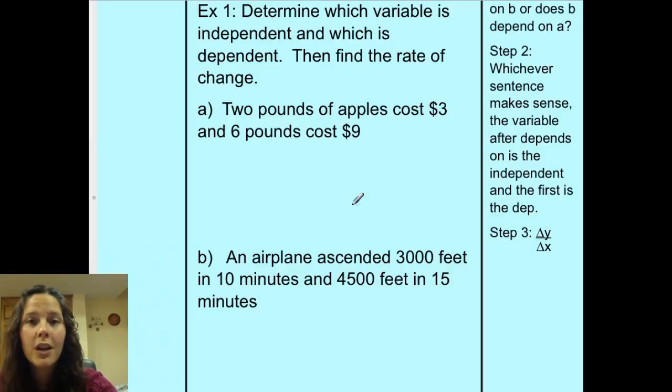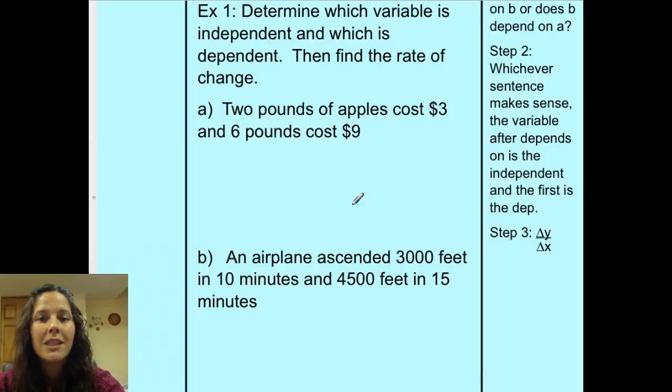So the two variables, the two things that can change, are pounds and money. So does the amount of pounds of apples you buy depend on how much money you pay? Or does how much money you pay depend on how many pounds of apples? The second sentence is the one that makes sense. So the money is the dependent variable, which means the pounds is the independent.